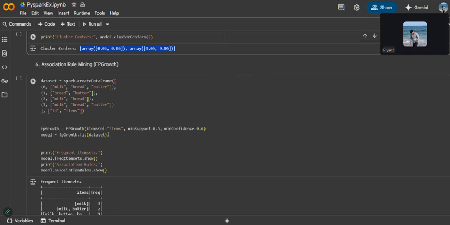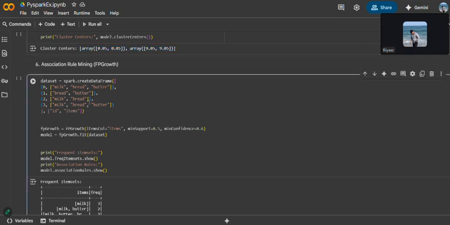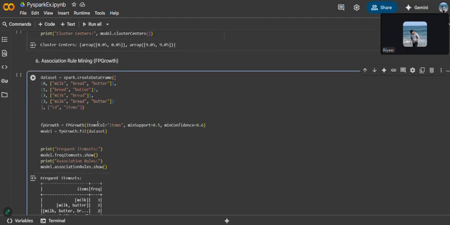And now we are going to see about association rule mining. It is also known as FP-growth. Here we are giving 0, 1, 2, 3 as milk, bread, butter, milk, bread, butter, and so on.